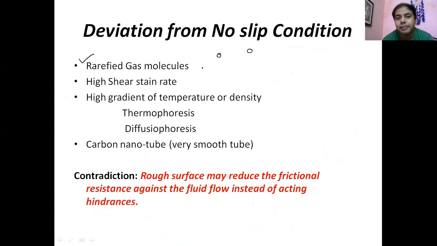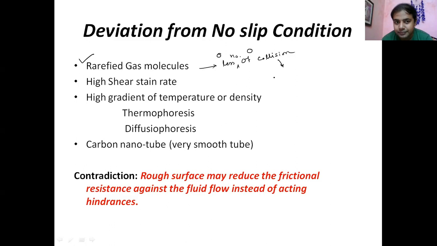In that case, what will happen? Fewer collisions will happen. And due to fewer collisions, the molecules adjacent to the plate will not come under thermodynamic equilibrium with the flat plate.